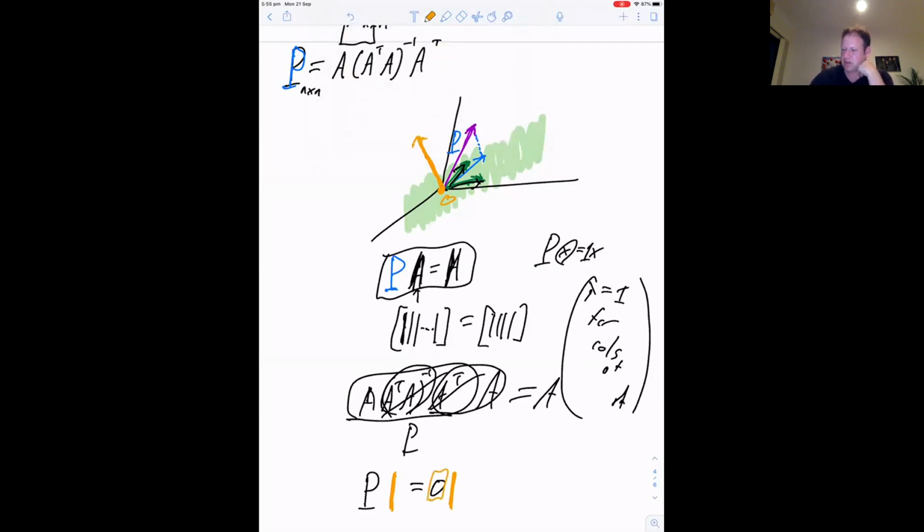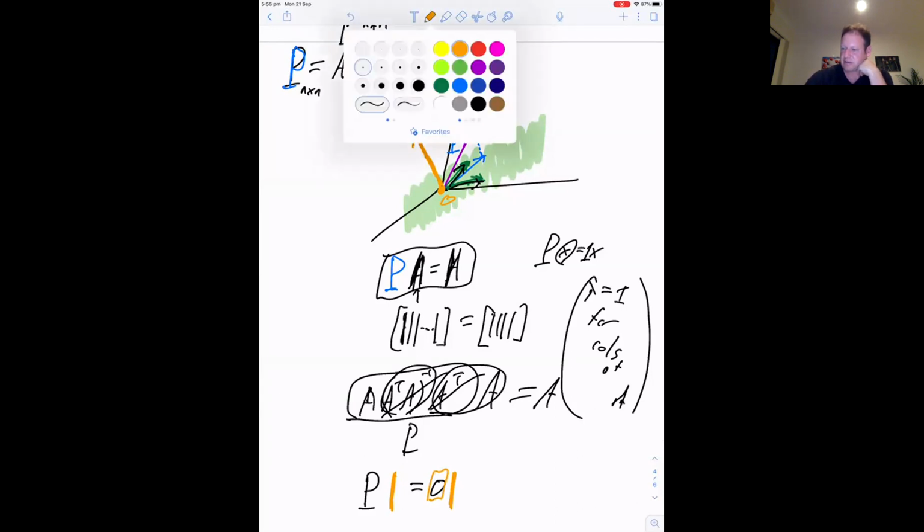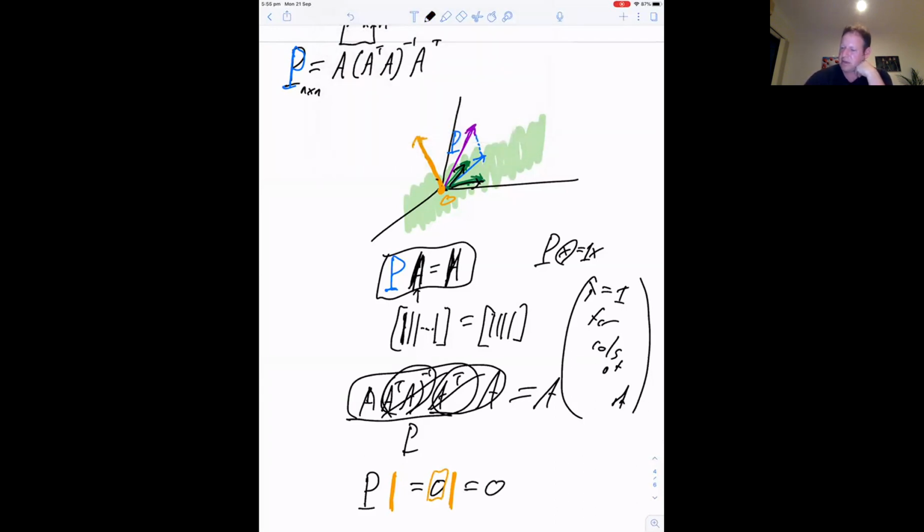Or I can just say the 0 vector. So these vectors are exactly in the null space of the projection matrix, and they have lambda equals 0, for the null space of P.